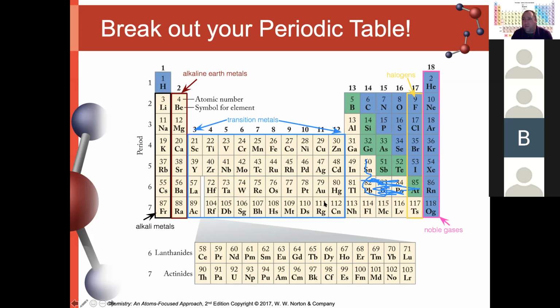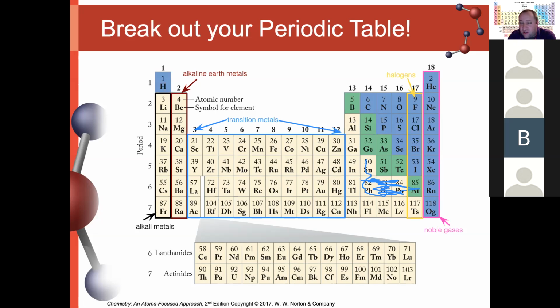Now, there are other family names in here. The oxygen group, for example, is often referred to as the chalcogens. So basically, put a couple of C's in there, chalcogens, for the oxygen group. But the oxygen group doesn't have as much consistency in their reactivity as the halogens do.